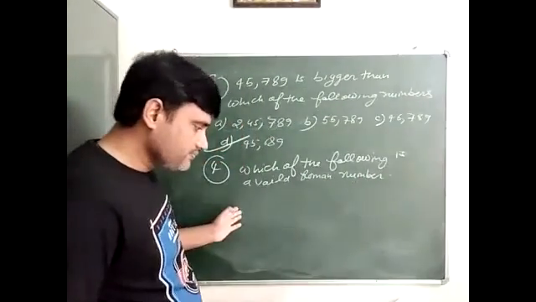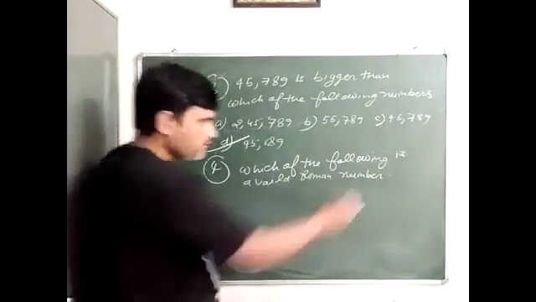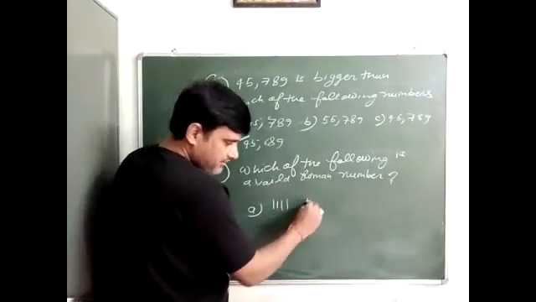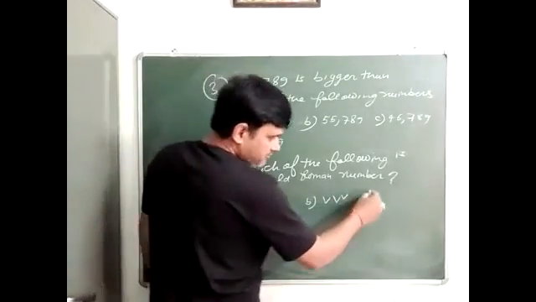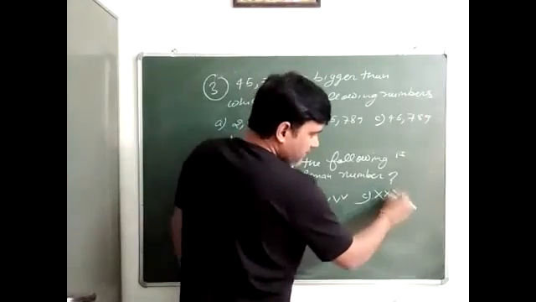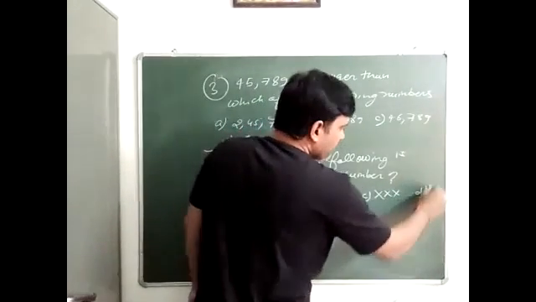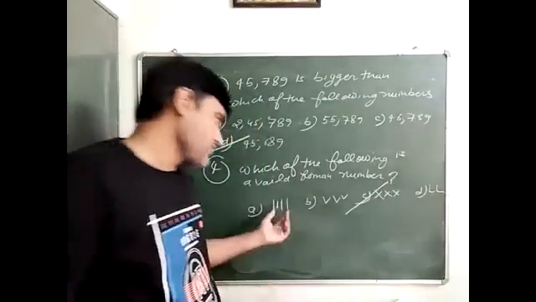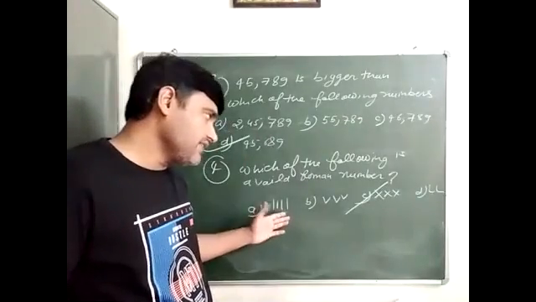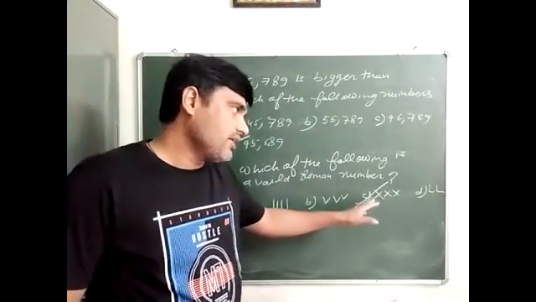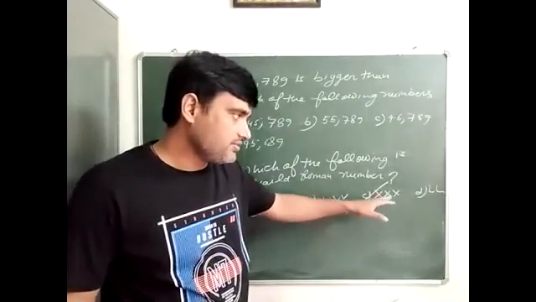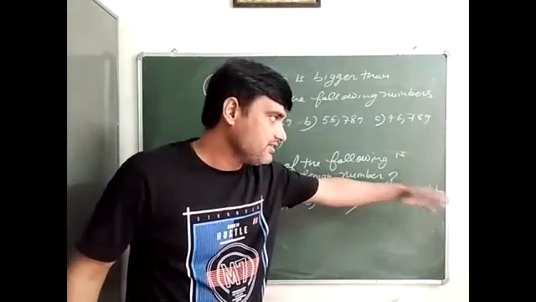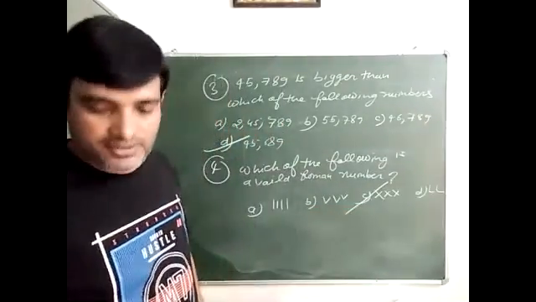A: 4 times I, B: 3 times V, C: 3 times X, and D: 2 times L. Here C option is the right option, because we cannot write more than 3 times. We cannot repeat V, but we can write X up to 3 times, and we can't write L more than 1 time. Okay. Thank you, students.